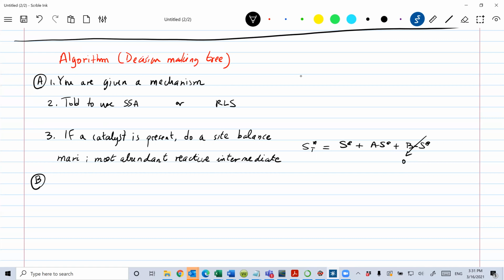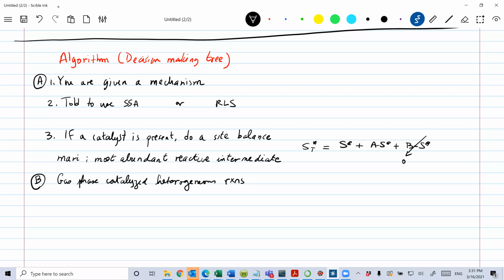Another approach we've looked at is surface reactions. So we'll look at gas phase, catalyzed, heterogeneous reactions.